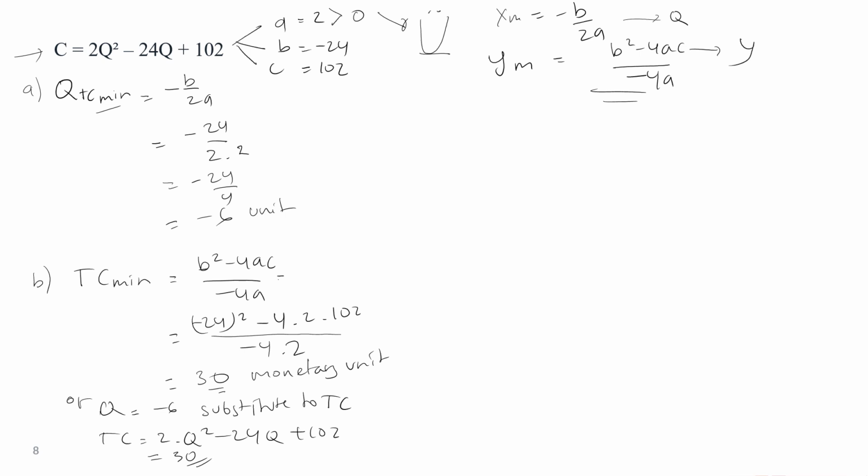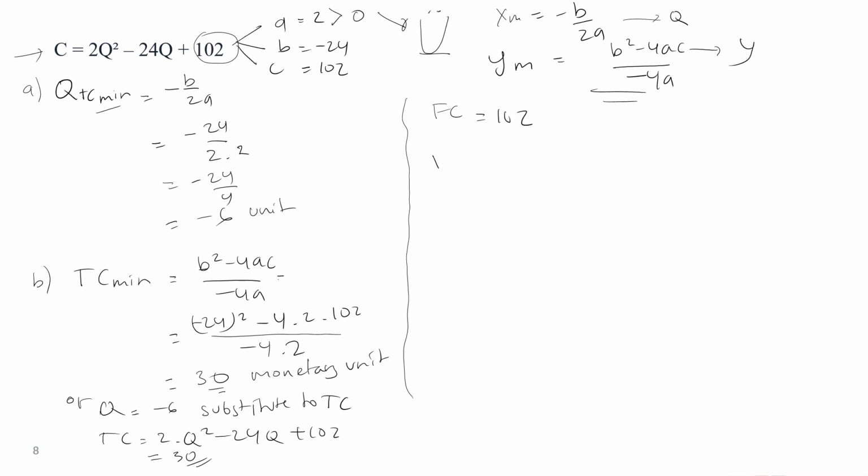Okay, next is the average fixed cost. So as we can see here, what is the fixed cost? Fixed cost is the one without the independent variable, so it is 102.